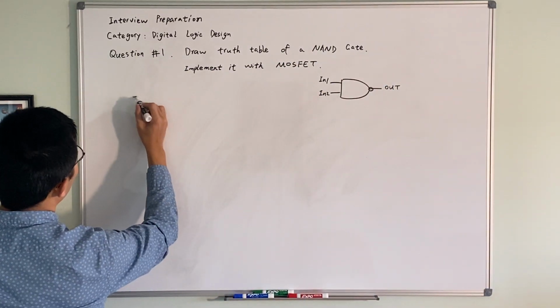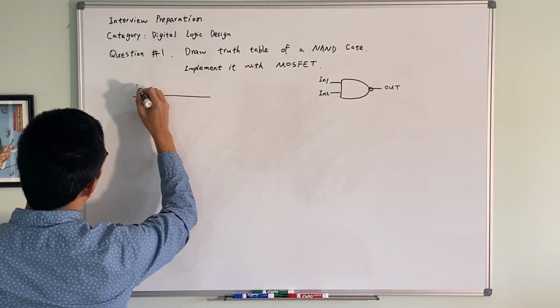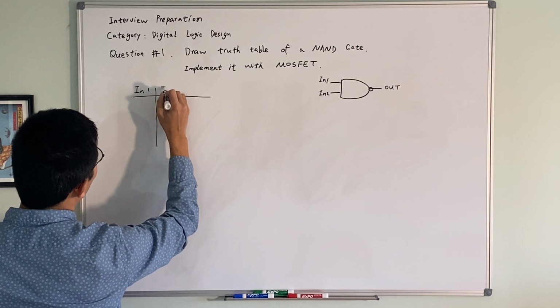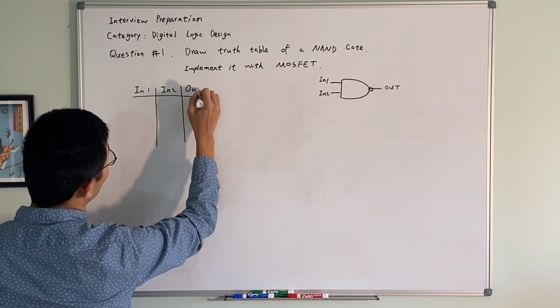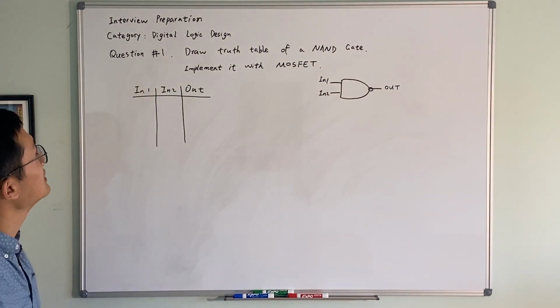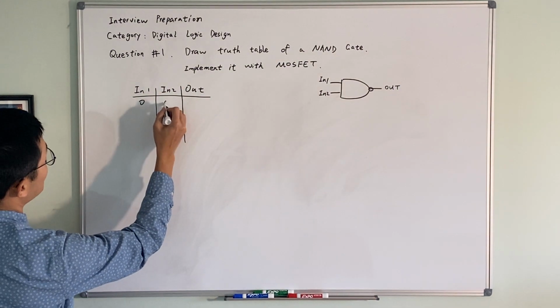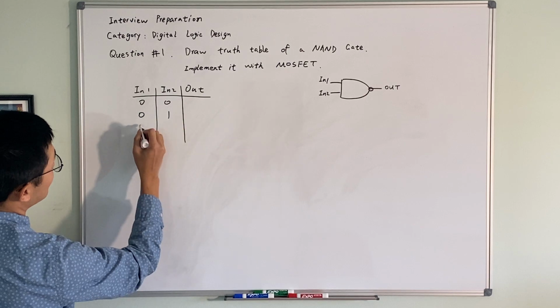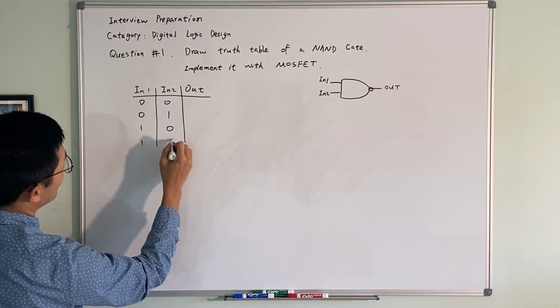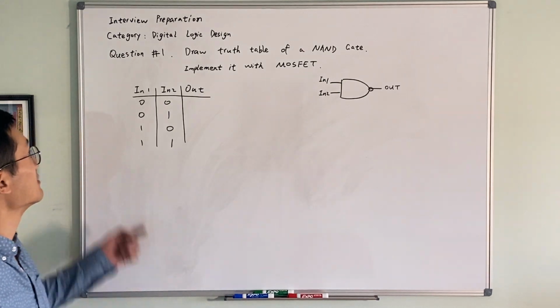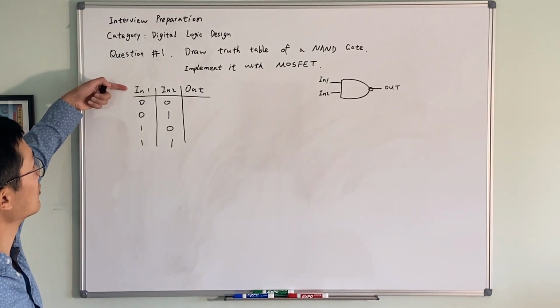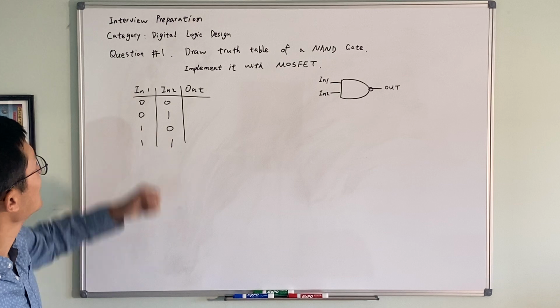So if we draw the truth table, we want to tabulate input 1, input 2, and output. So we start with 0 0, 0 1, 1 0, 1 1. This is an enumeration of all the possible combinations of the two inputs, input 1 and input 2.